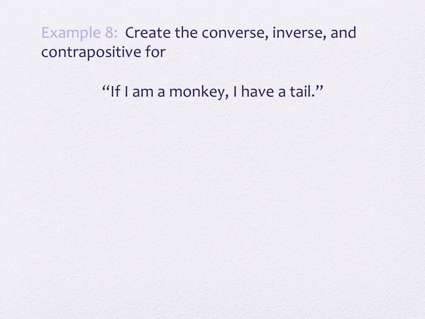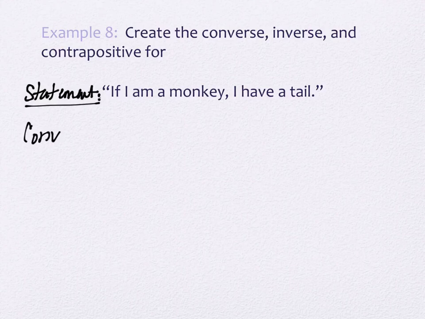That's probably what Larry was trying to say that the zoo lady said, right? If it's a monkey, it has a tail. So this is our original statement, and we're going to create the other three that go with it: the converse, inverse, and contrapositive.